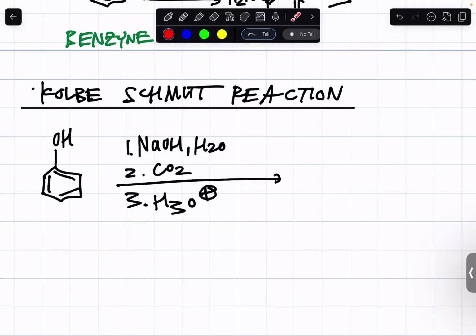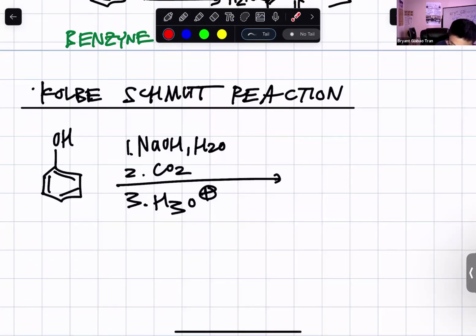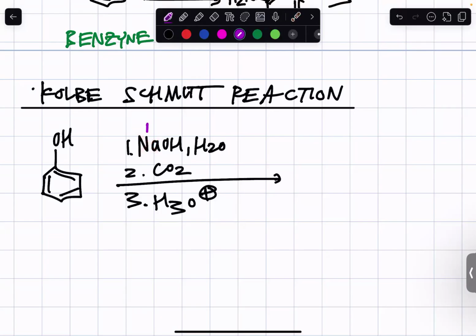I have the mechanism in front of me, but with the sodium it does some weird thing with the oxygen, where it becomes a double bond. The sodium is a spectator ion. Whenever you see sodium, what charge do you always associate with it? Positive, meaning that whatever is attached to it is negative.